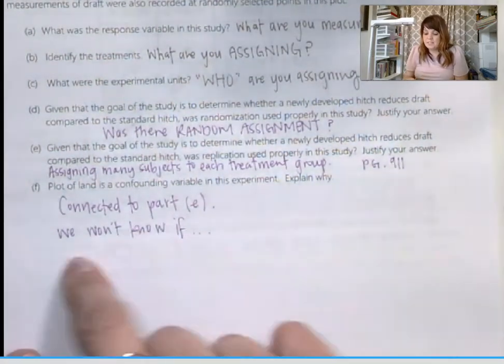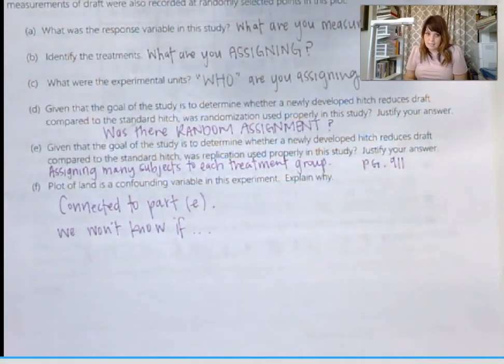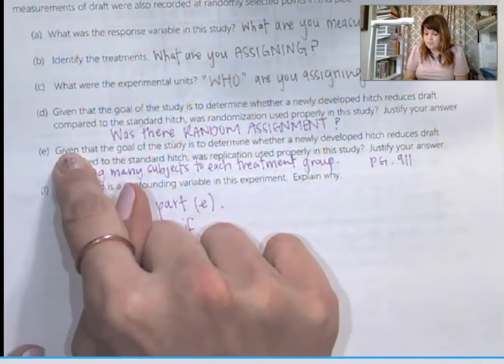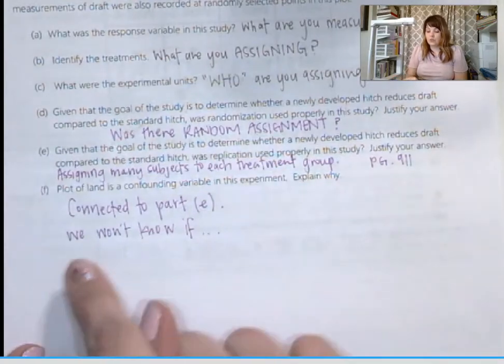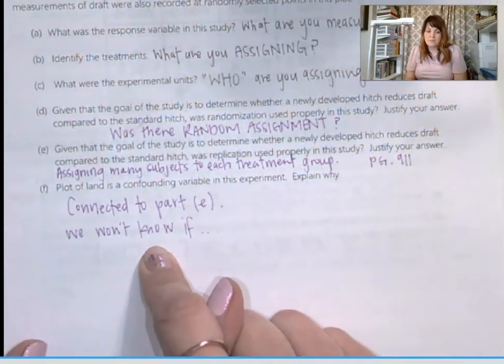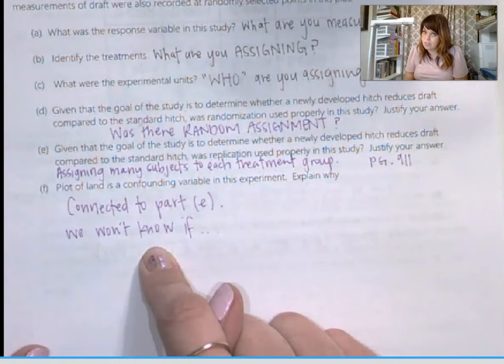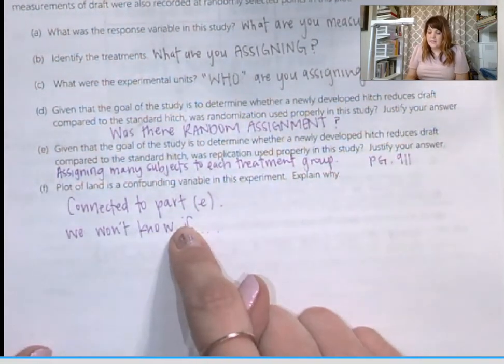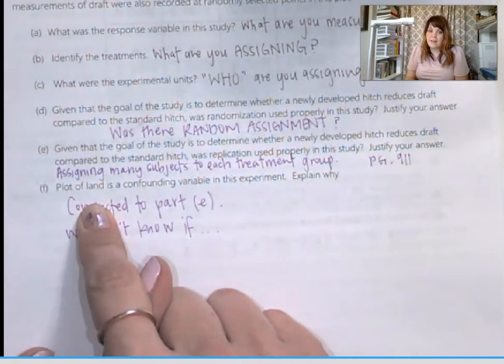And then F is connected to part E. So if your answer in E does not lead you to talk about confounding, then your answer to E is wrong. So it's connected to part E. It's saying plot of land is a confounding variable.